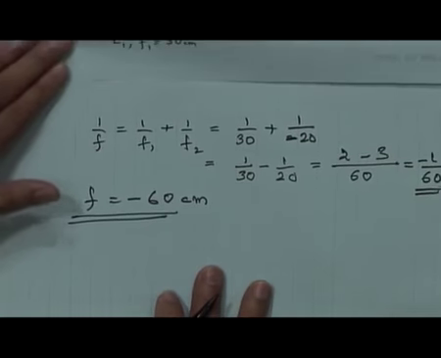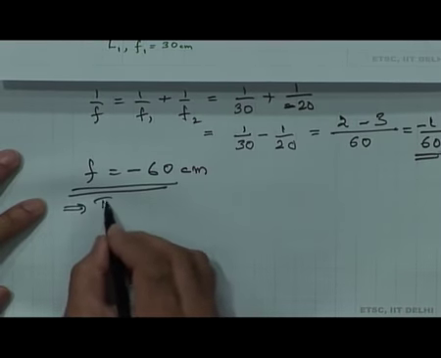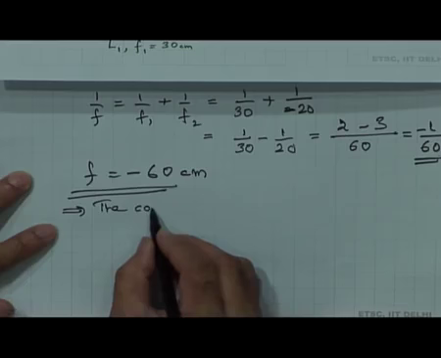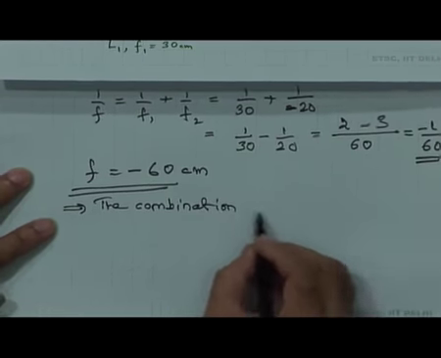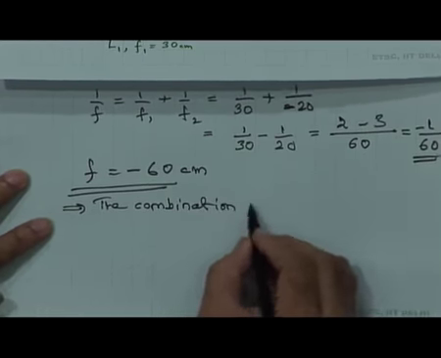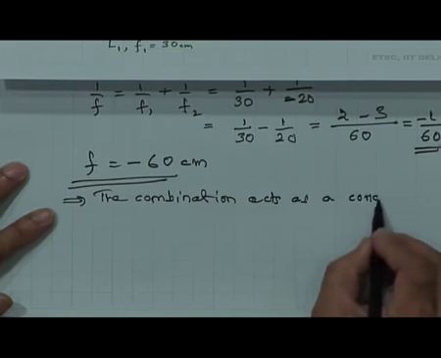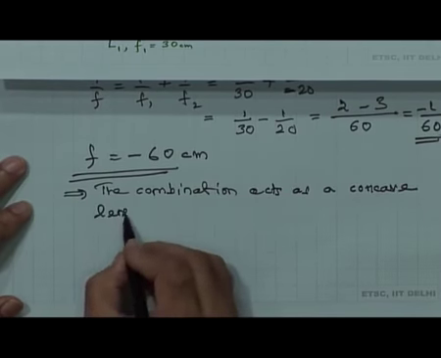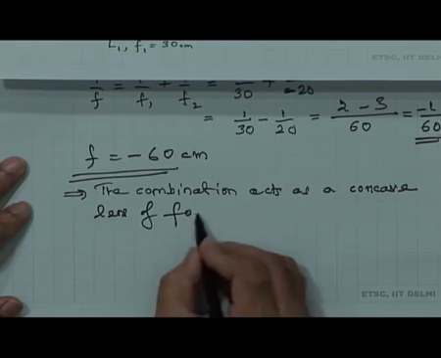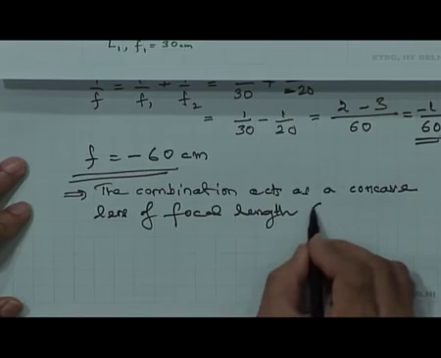What does this mean? This implies that the combination here has a focal length of minus 60 centimeter. So, it acts as a concave lens of focal length 60 centimeter.